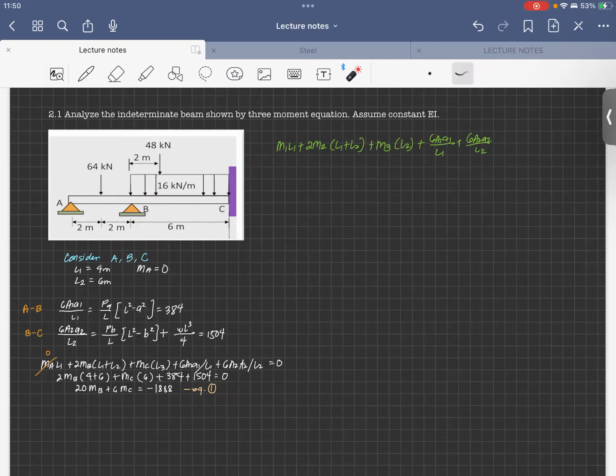So, what we need to do is to establish an imaginary line or an imaginary point para makakreate tayo ng another relationship between 3 points. So what we will do is, we're going to establish an imaginary line here. Then say, for example, I'm going to write here MC prime, C prime.